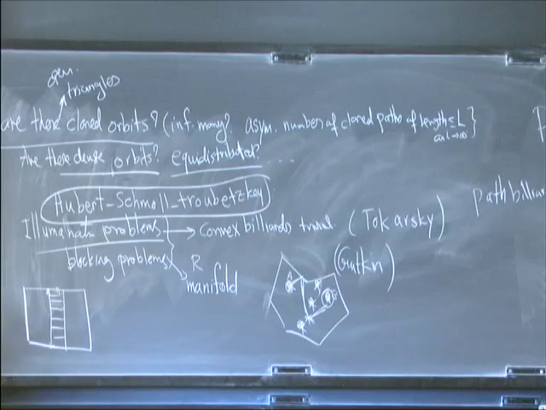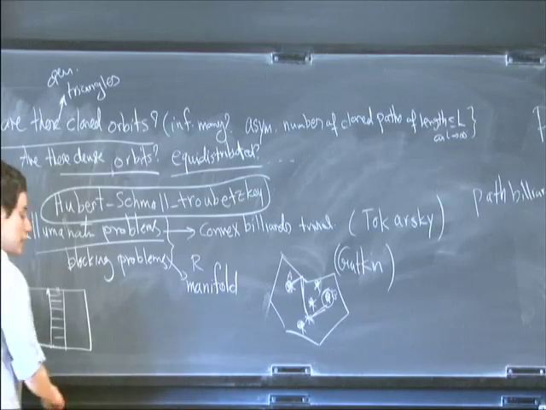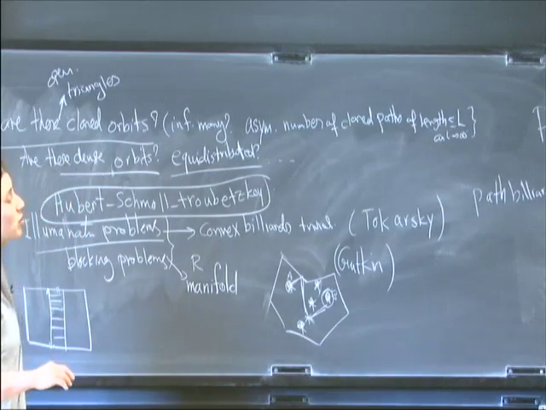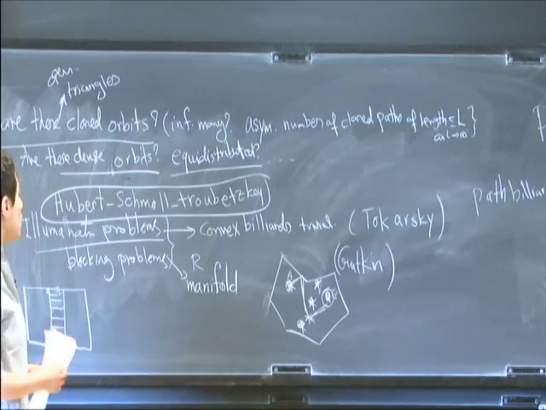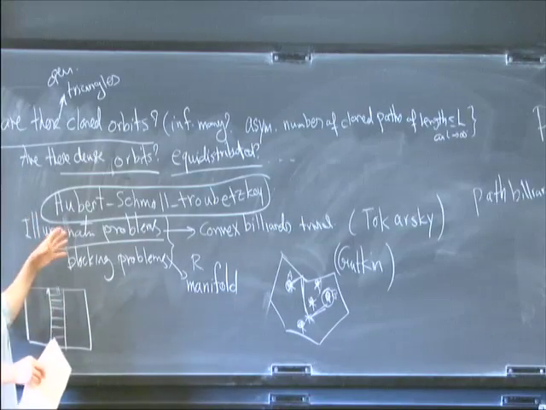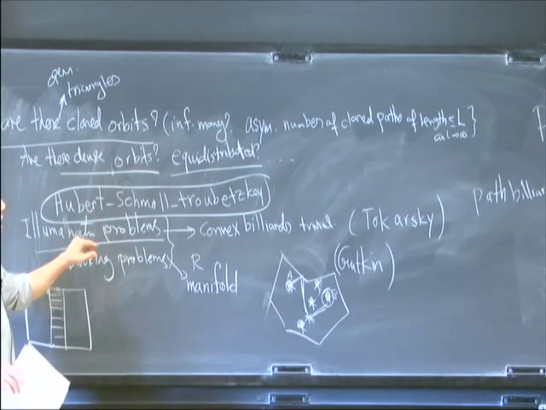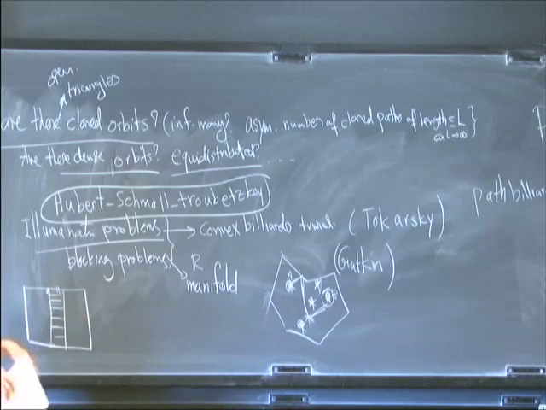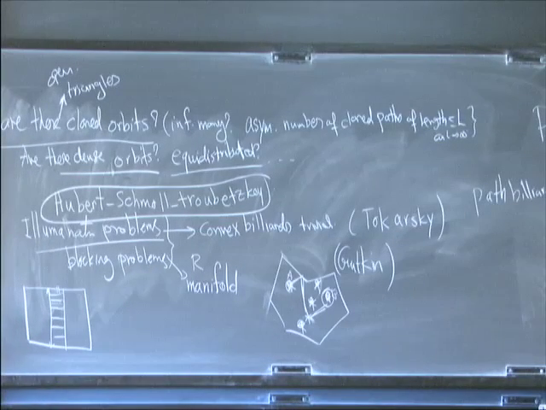The illumination problems are also somehow not so easy. In some cases, one can show that generically, for a generic rational polygon, you can illuminate basically every point. But there are very easy examples of rational polygons that you cannot illuminate.